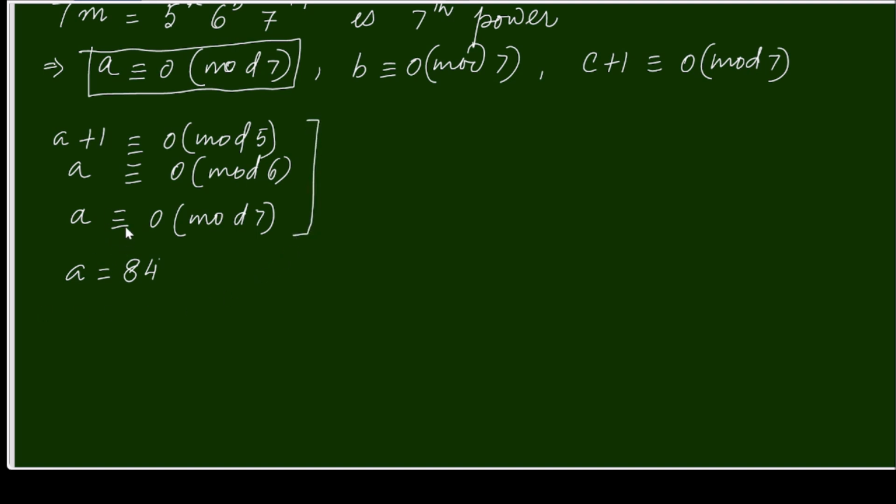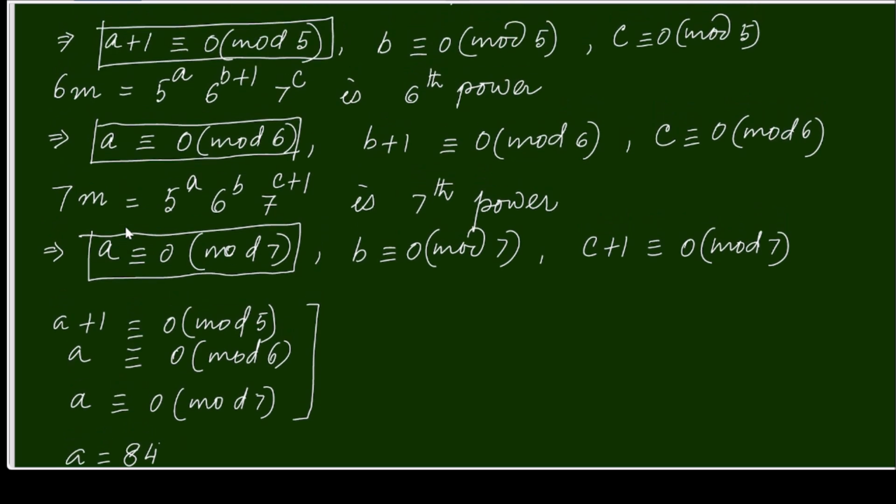Now coming to b. b is congruent to 0 modulo 5, b plus 1 is congruent to 0 modulo 6, and b is congruent to 0 modulo 7.